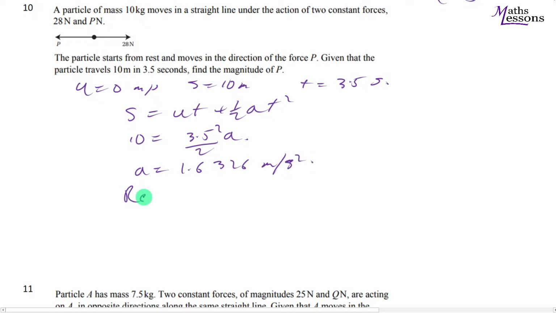So if we resolve in this direction here, we get 1.63 times the mass. Our resultant force will equal all the forces in the same direction. Now we know that it moves in the direction of P, so we're going to do P minus 28.